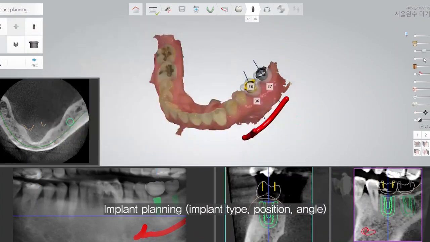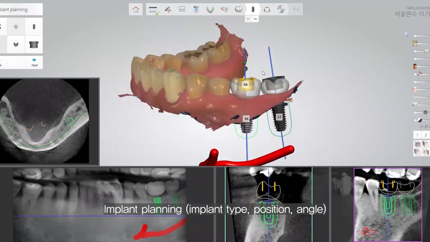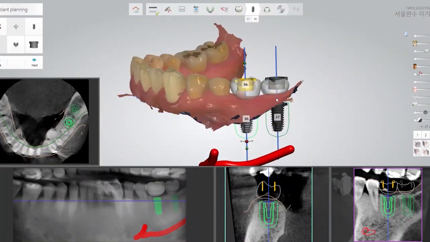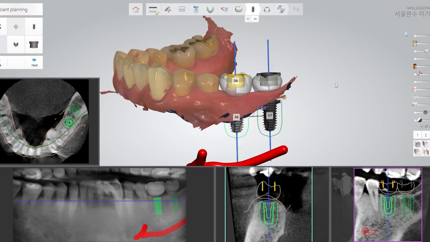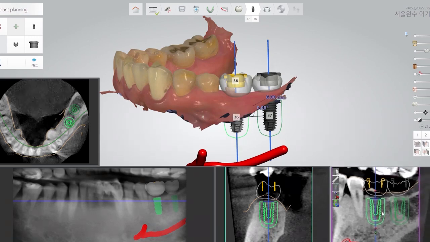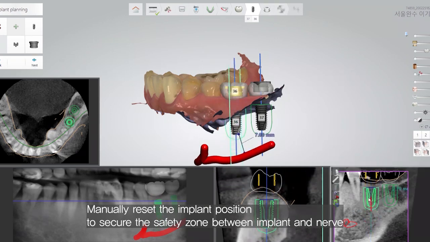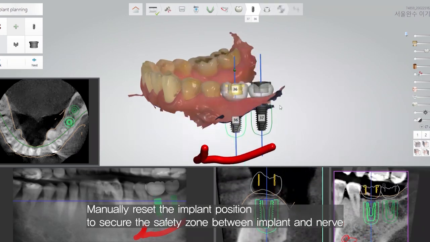Start planning the implant treatment, and you can determine the type, position, angle of the implant through the planning process. Manually reset the implant position to secure the safety zone between implant and nerve.